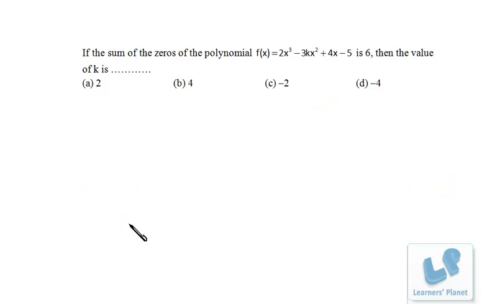Now, if the sum of zeros of the polynomial is 6, then what is the value of k? Now, further I don't have to write everything. I assume the roots to be alpha, beta and gamma. So alpha plus beta plus gamma is 3k by 2, and the sum of zeros is given to us as 6, so 3k by 2 is 6, so k will be 4, right?